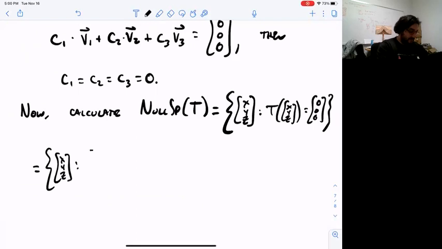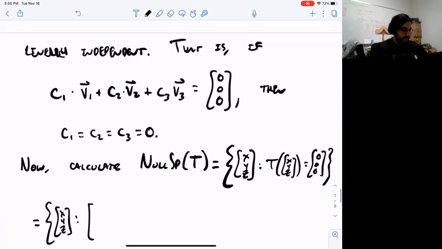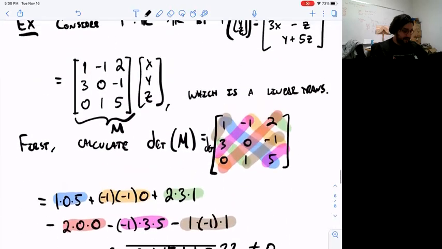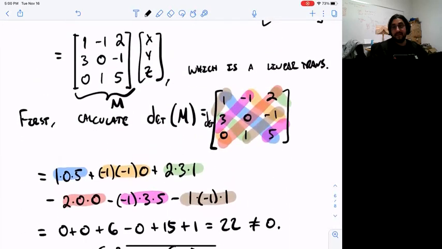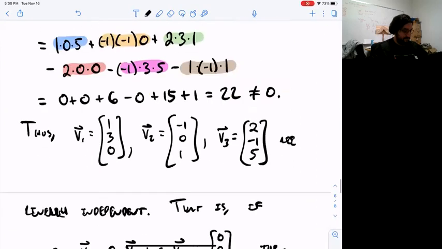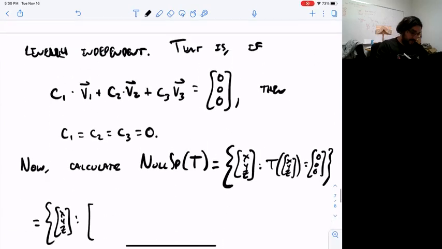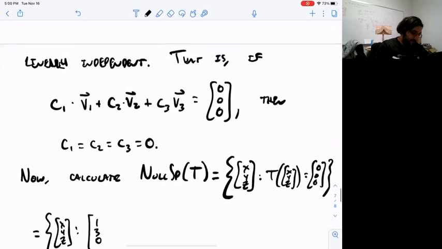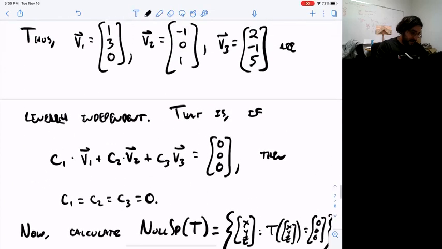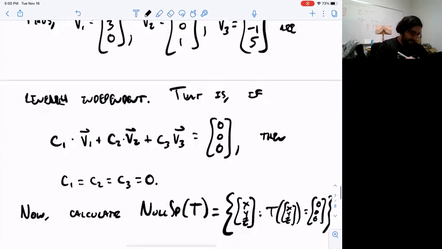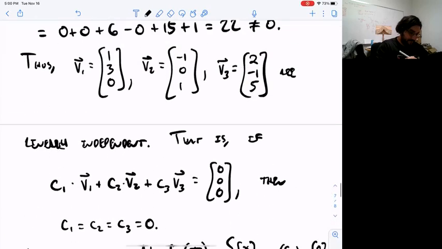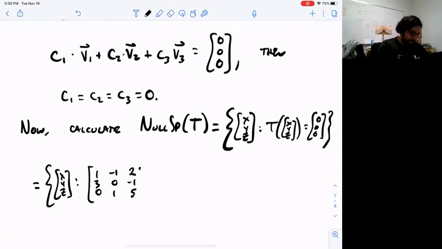T of x, y, z is exactly this matrix M times x, y, z. I'm just copying down that formula for our map. So I want this matrix multiplication to equal 0.